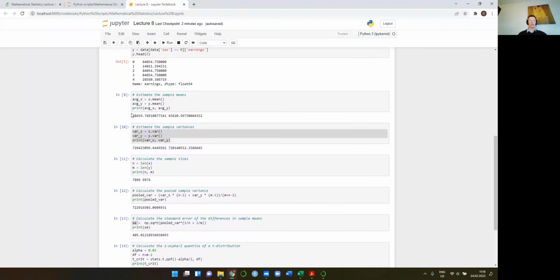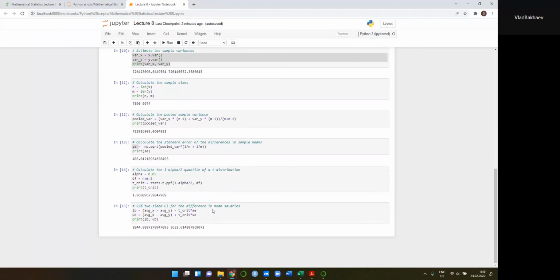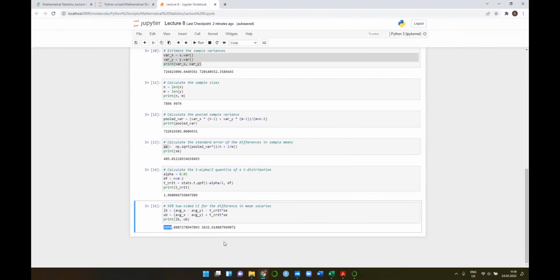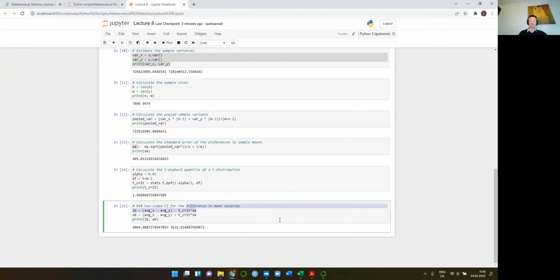No. Look, the average wage of males is this. The average wage of females is this. But why do we call it lower and upper bound? Because those are the lower and upper bound for the confidence interval. We need to understand what is the object for which we have established this confidence interval. What this measures. I wrote it here, come on.